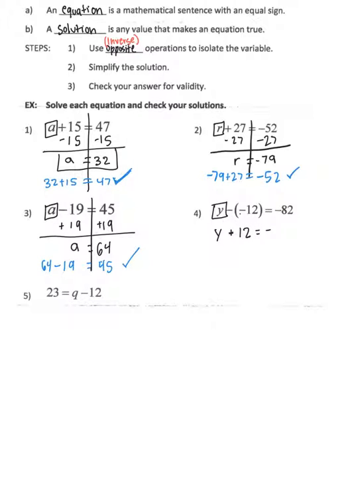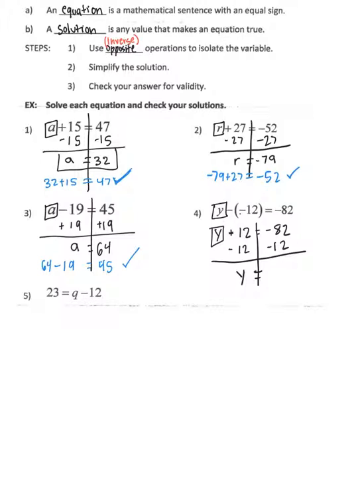So I can rewrite my equation before I start moving anything around. Now I have a positive 12, so if I want to move my positive 12 to the other side, I need to use the inverse, which is subtraction. 12 minus 12 is 0, so I'm left with y. That's what I wanted.